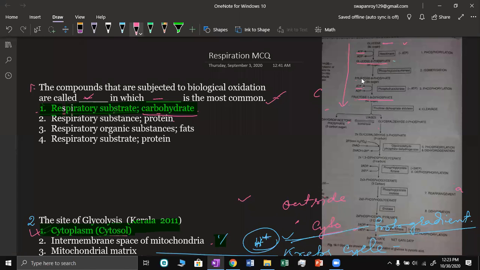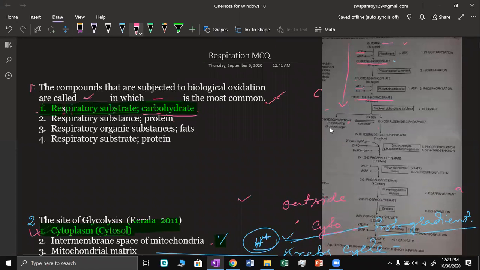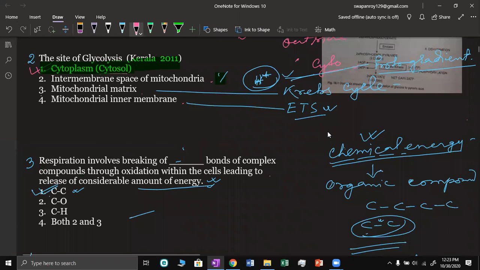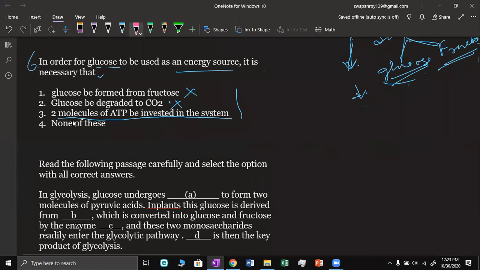The glucose is phosphorylated, so two molecules of ATP are invested first.